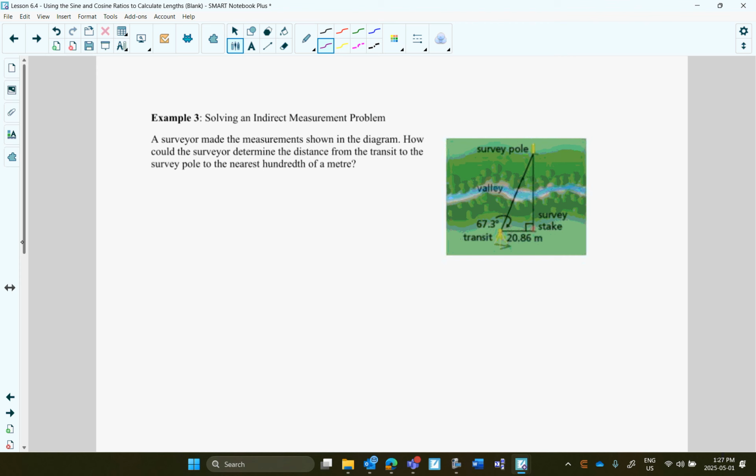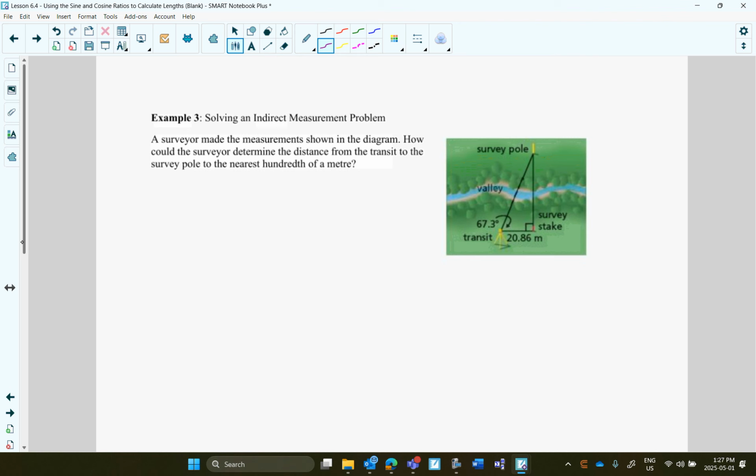The last one. Okay. So here's an example for surveying, finding distances.